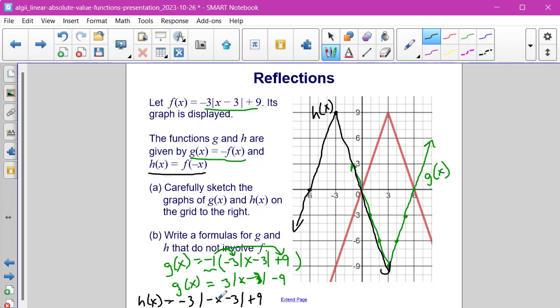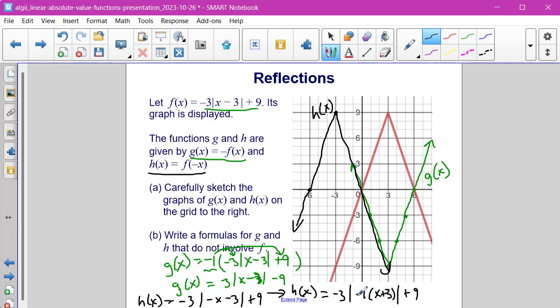Now remember, by the rules of absolute value, we can then take a -1 out of both of these two terms. So we still have the -3 out in front, but then inside the absolute value, we're going to factor out a -1. When we do that, we will have x plus 3, and then the plus 9 is still there.